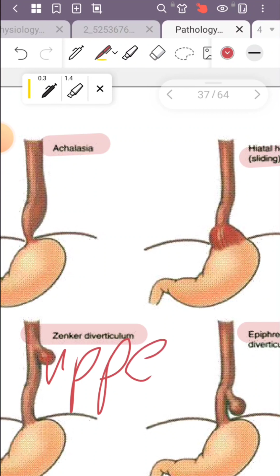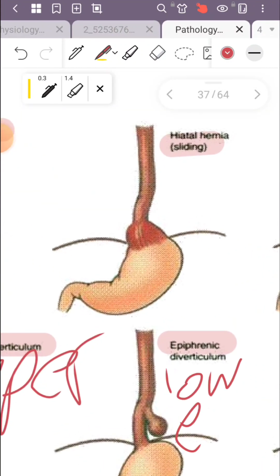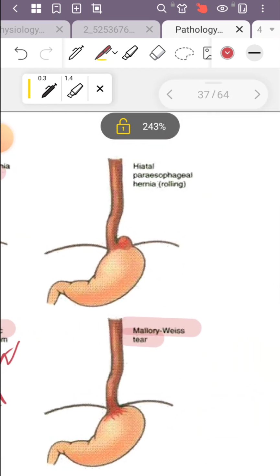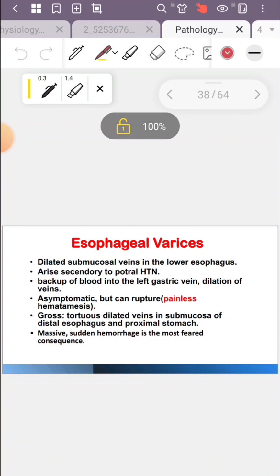Esophageal varices, guys, are a complication. Esophageal varices means dilated submucosal veins. These are a complication of liver cirrhosis or increased portal hypertension.